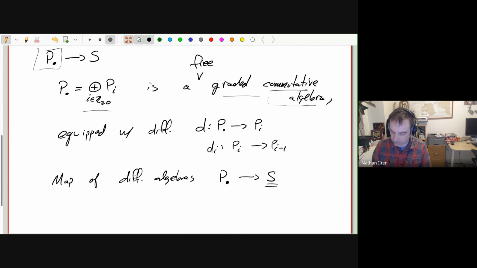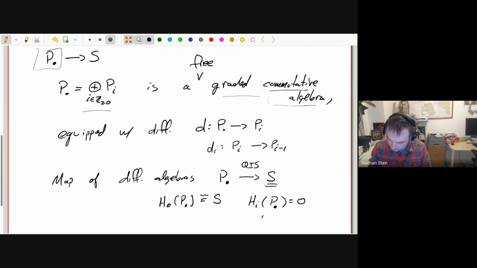And I want this map to be a quasi-isomorphism. So in other words, if I look at H_0 of P dot, this should be isomorphic to S, and H_i of P dot should be equal to 0 if i is not 0. Okay, so this is what a Koszul-Tate resolution is.